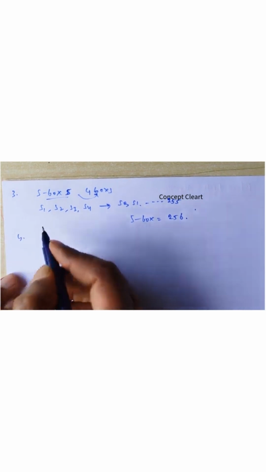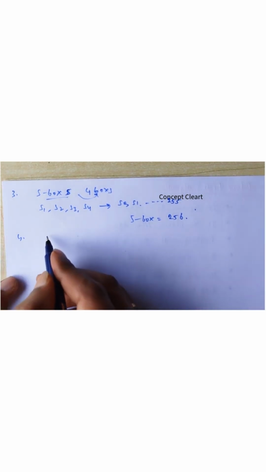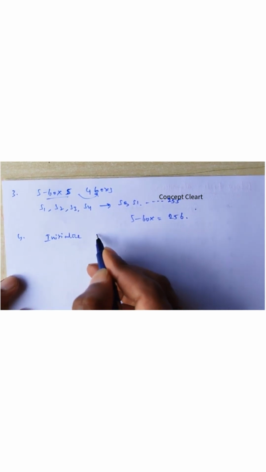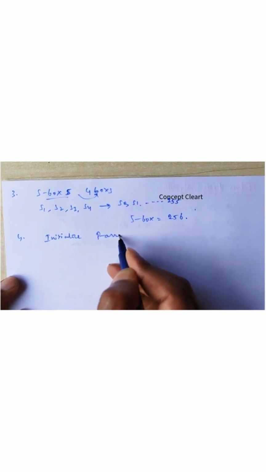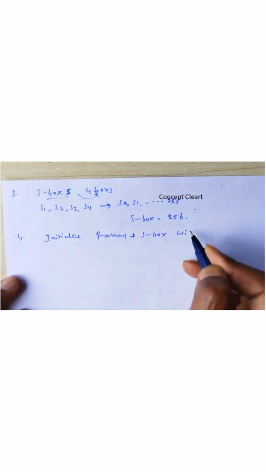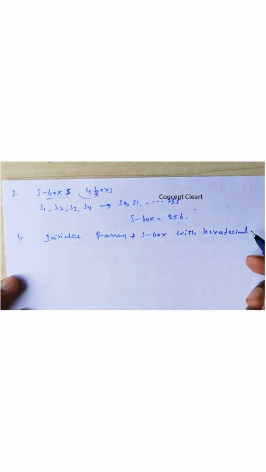Next, what is the fourth step? Initialize each element of the P array and S-boxes with hexadecimal values.